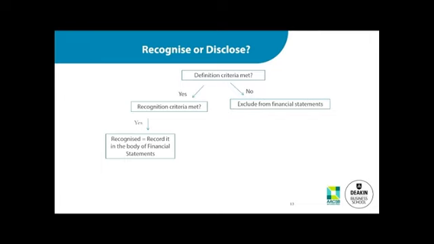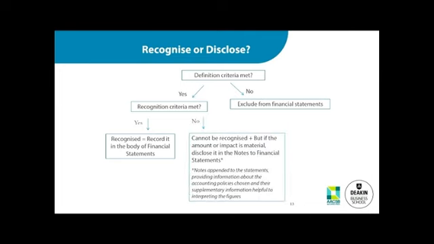Does the item satisfy the probability? That's the chance of occurring more than 50%. That is the probability. If yes, then the next is measurability. If it's measurable, that means it satisfies, therefore take this into account and record in your books.